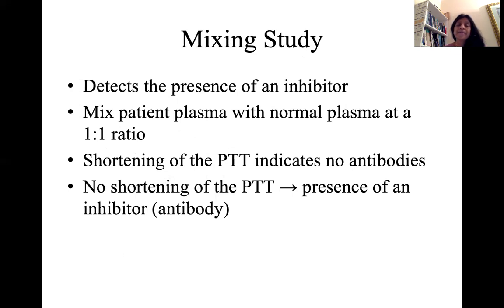If that is, replacement of factor 8 is working. And then if there is no shortening of the PTT, that means an antibody is present, and therefore it's not effective. Okay, so that's how you look at it.